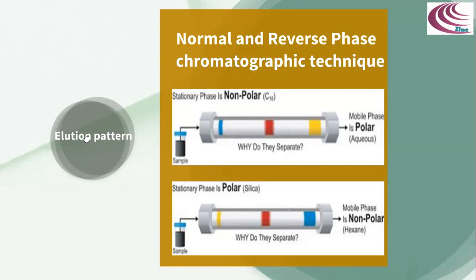If we go for normal phase, what will be the elution pattern? And if we adopt reverse phase, which kind of analytes or solutes will elute first? That discussion we will do.